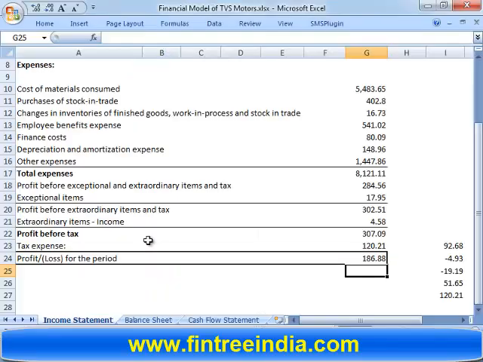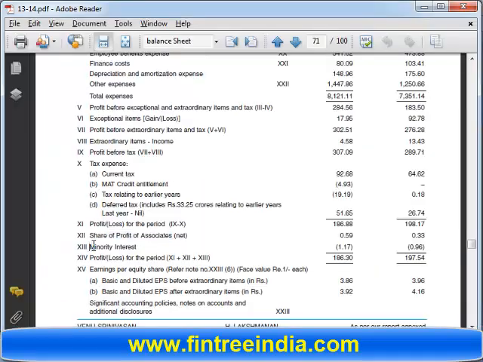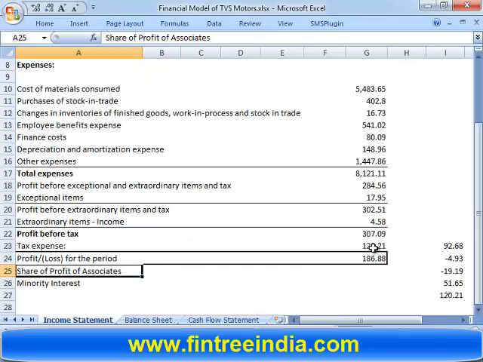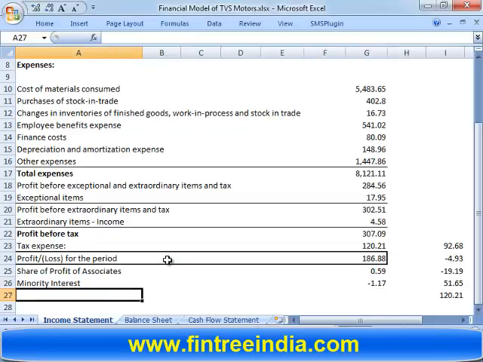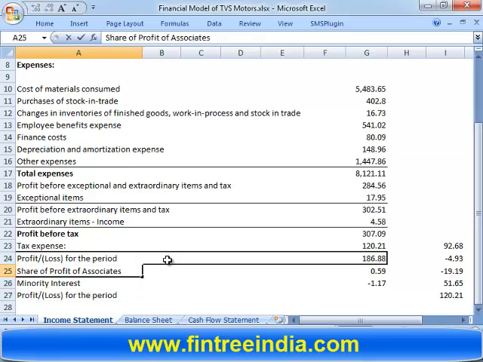Share of profit of associates. Minority interest. So I'm renaming this number as profit and loss before minority interest.